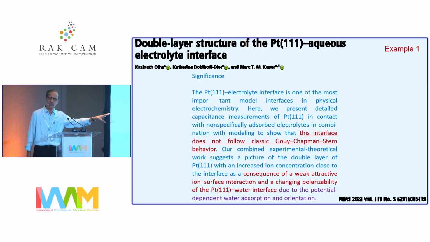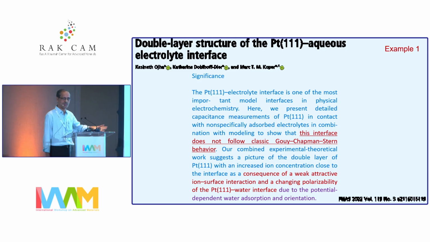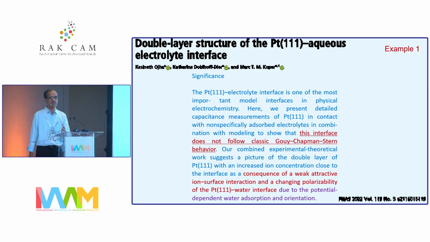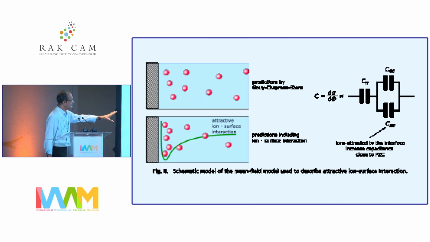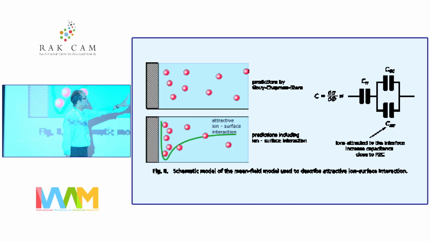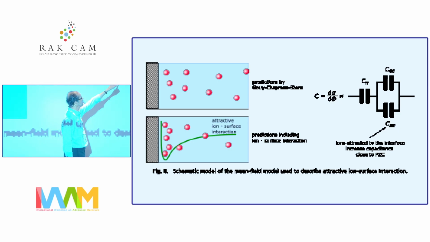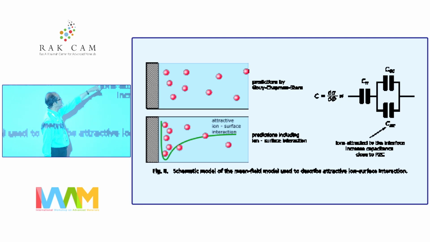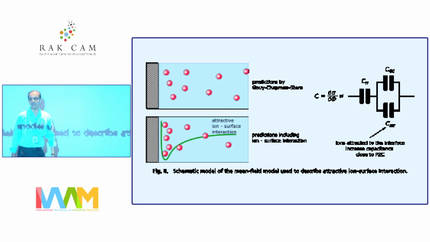On the contrary, you have water molecules very close to the surface, which change orientation on the electrode surface, which leads to lots of other issues in terms of what happens at the interface. Let me tell you what it is. What you have here is all capacitors: two capacitors in parallel, which are in series with another capacitor.